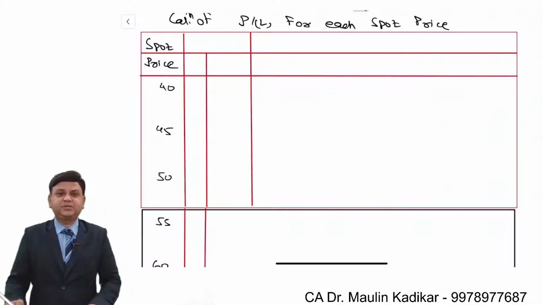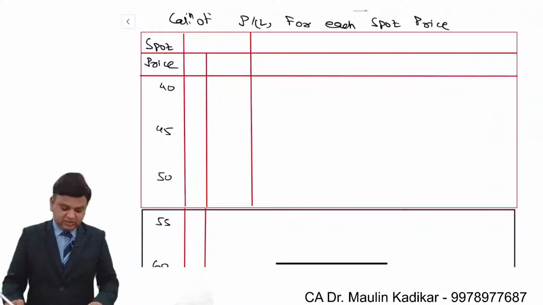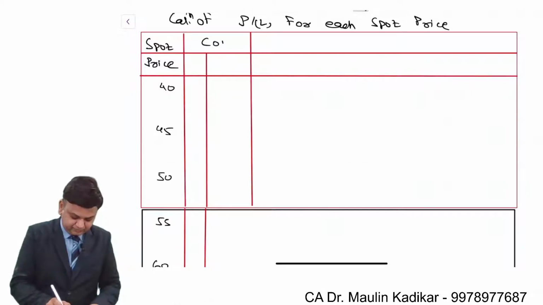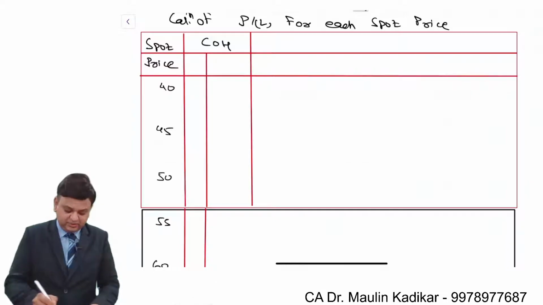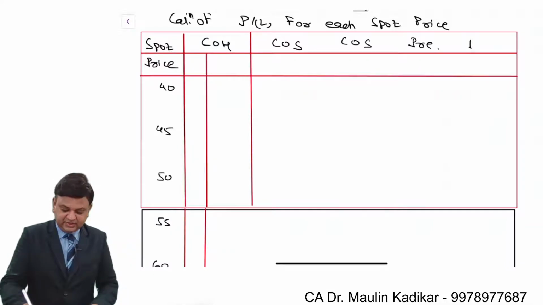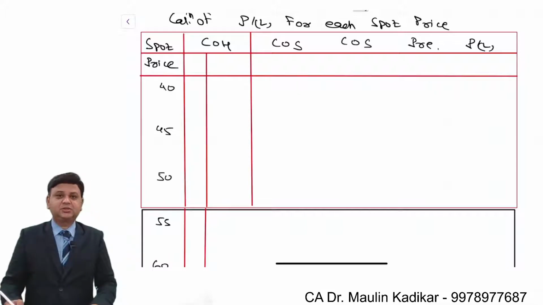The date on which the option is expiring, that is 19th of August. We are call option holder, we are call option seller, that is initial payment of the premium, and with that finally there is a profit or loss.